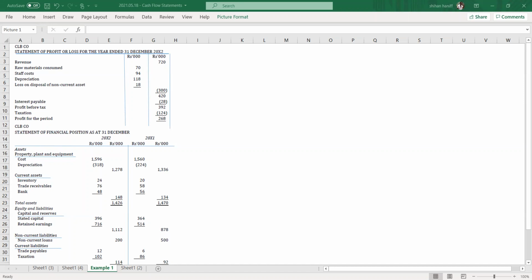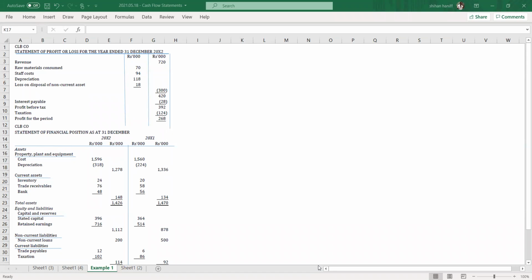Example 1. So let's do the indirect method first. Indirect method. That's the most common and easiest method.